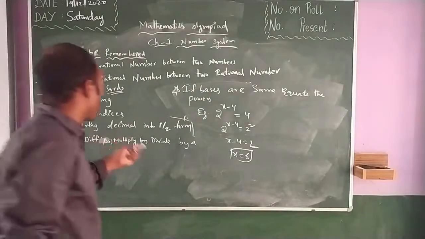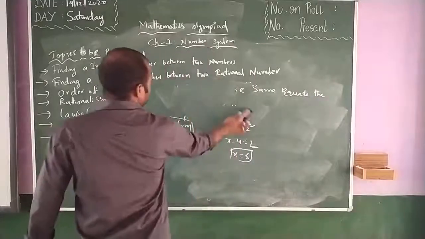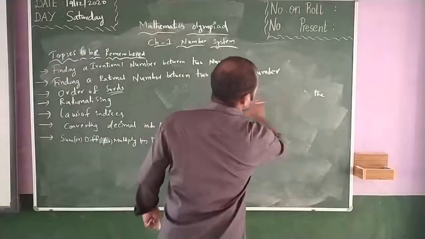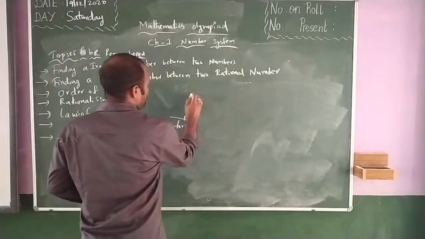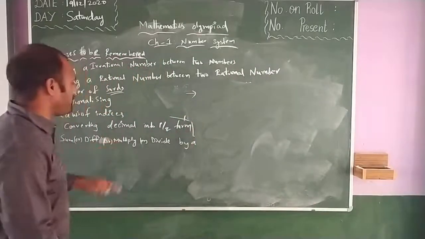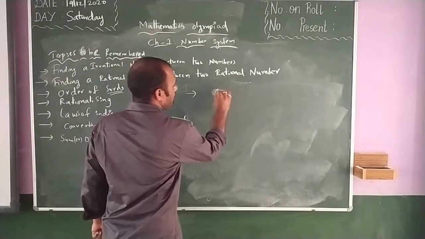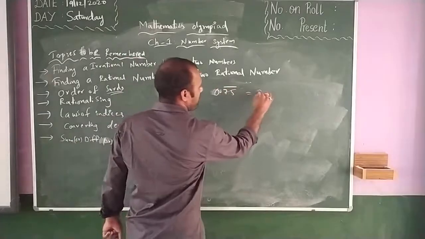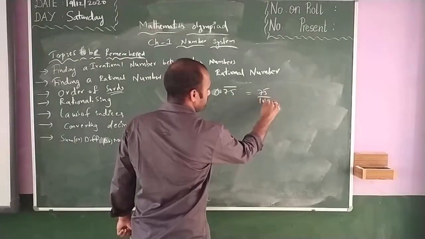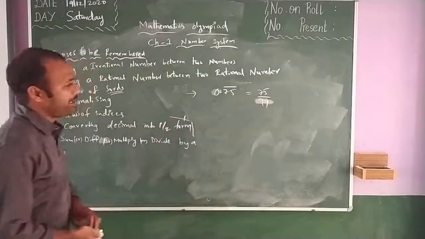Okay, next we have converting decimal into fraction form. Converting a decimal number into fraction form. Let us take a question: 0.75 bar. This can be written as 75 by 99.